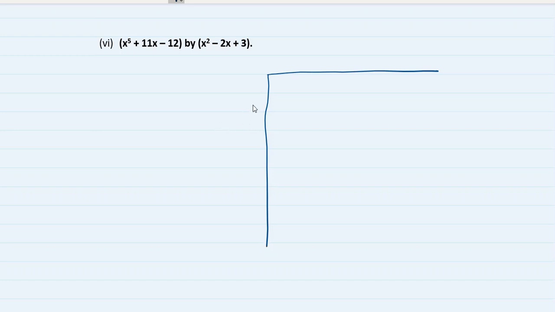Okay, now here you see the dividend is x raised to 5, and then directly plus 11x.